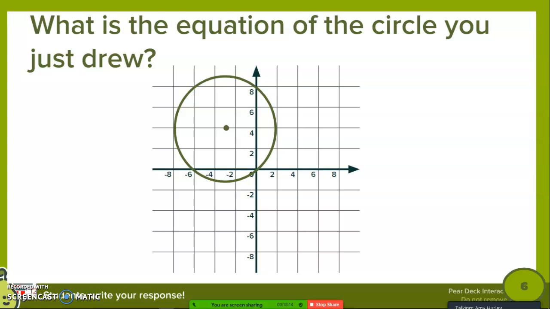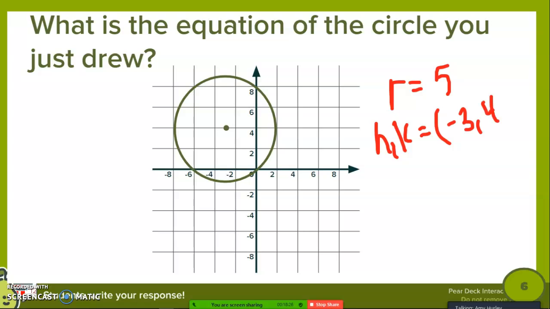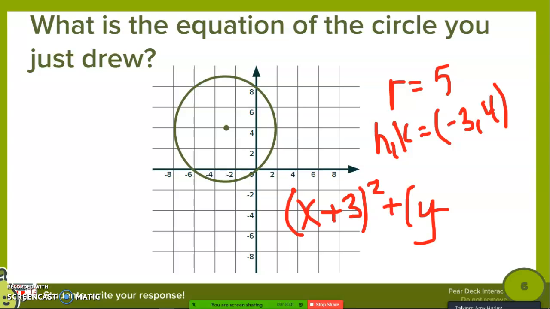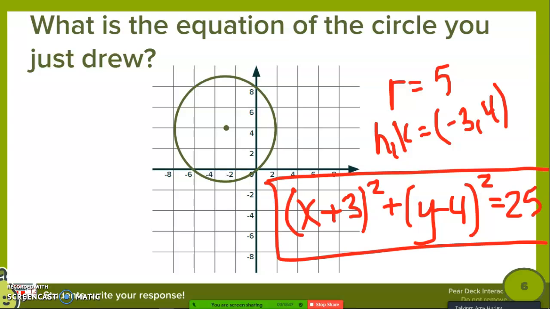So once again, if my radius was 5 and my center was -3, 4, well then my equation is going to be x plus 3, make sure that you understand that there's a plus there, squared plus y minus 4 squared, and r squared is 25. So there's our equation for the circle.